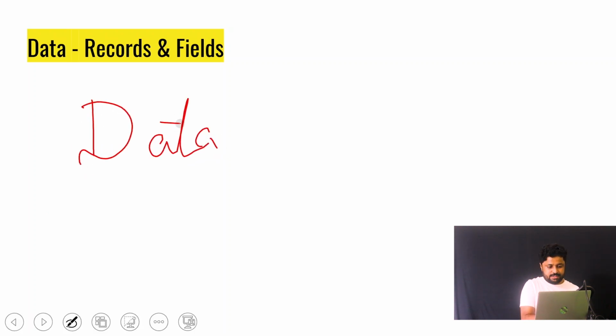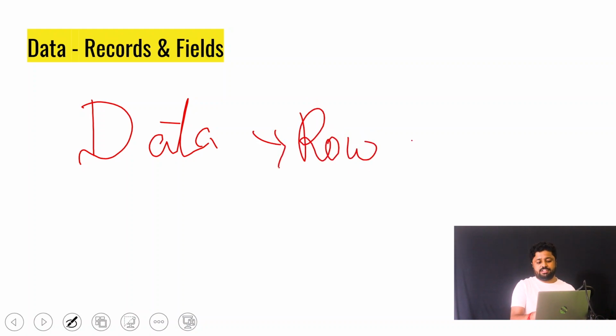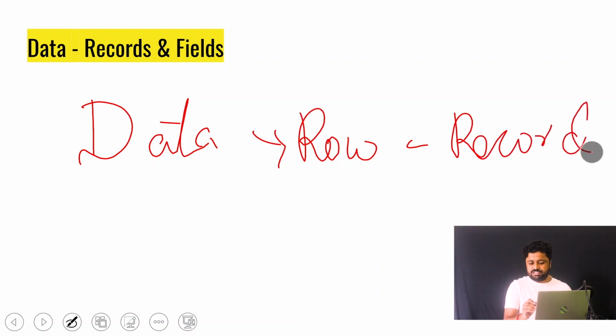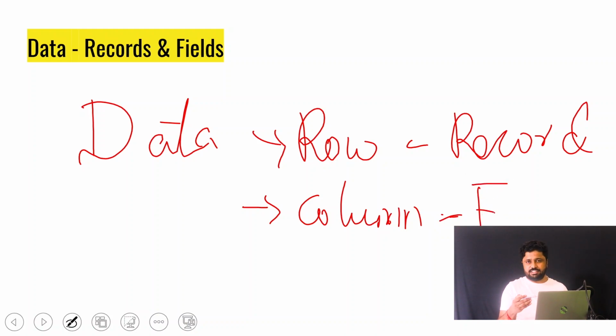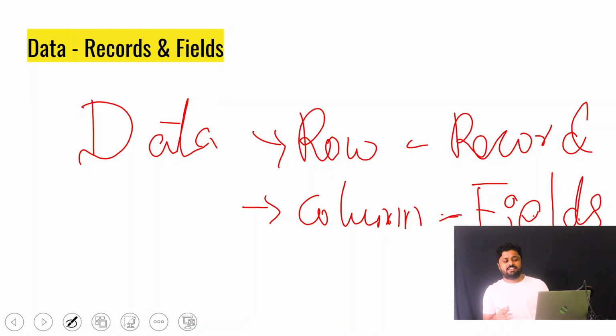Each row is called a record, or one set of data is called a record, and a column is nothing but a field. One column you can see as one field in the Salesforce object.